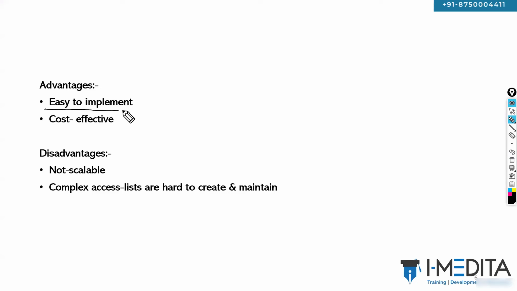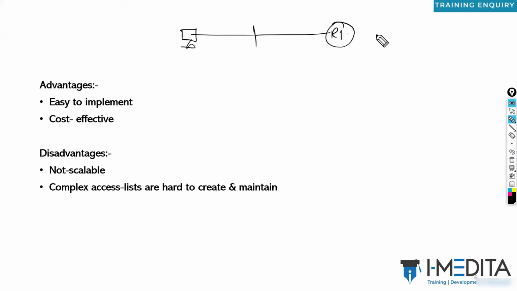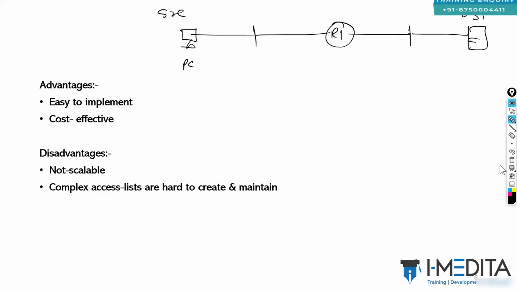The first advantage of ACL is that it is easy to implement. How can we say that access control lists are easy to implement? Let's understand it. We have a PC connected to a switch, the switch connected to a router, the router connected to another switch, and that switch connected to a server. If this PC is the source and the server is the destination, then this PC will generate a packet.